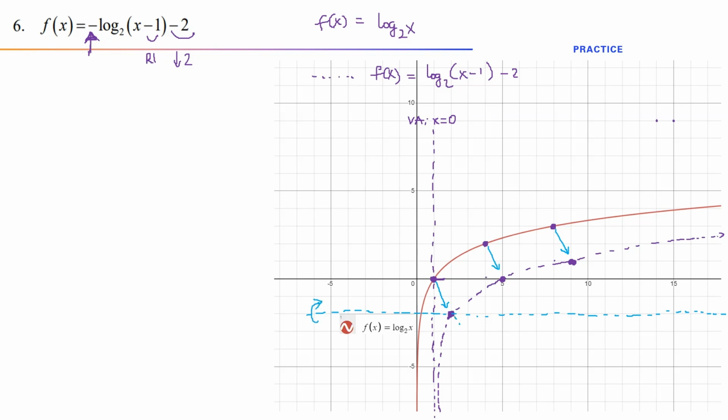So it will go like that and then go up close to the vertical asymptote x equals 1.